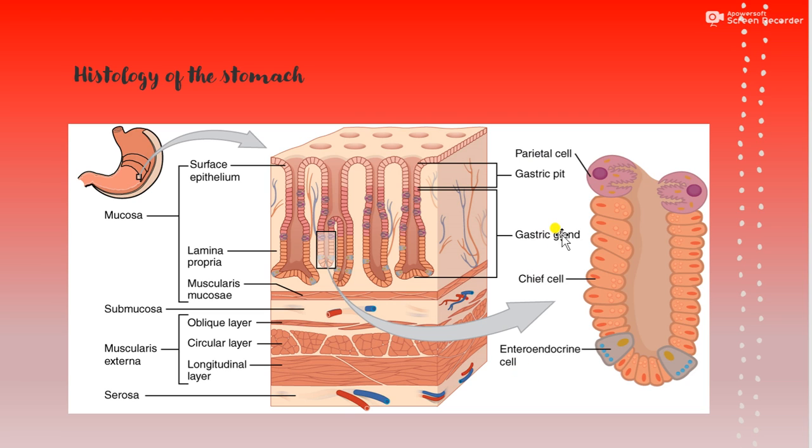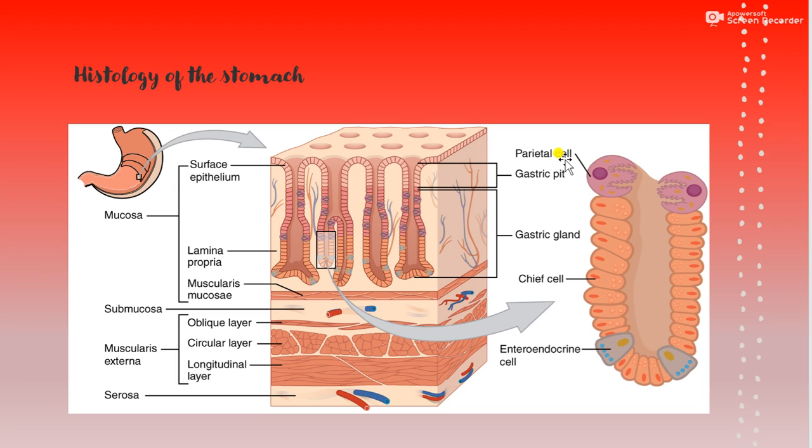So I will tell you about the parietal cell. Look at this. This parietal cell is primarily located in the middle region of the gastric gland. Parietal cells are among the most highly differentiated of the body's epithelial cells.